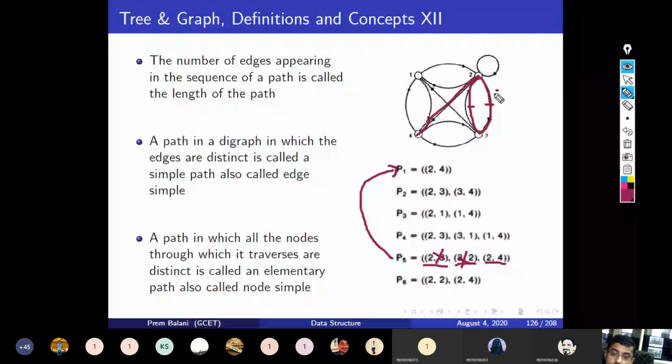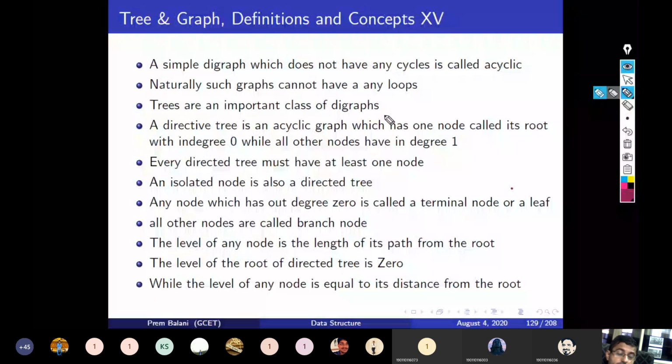There are still many definitions. A simple digraph means directed graph. I hope you remember this. So the simple digraph which does not have any cycles is called an acyclic digraph. Okay, and naturally such graphs cannot have any loops, right?